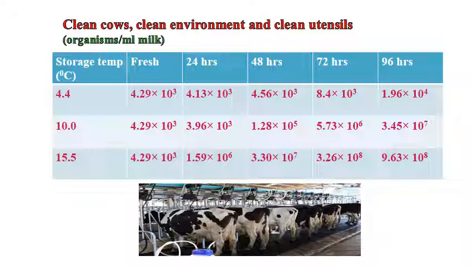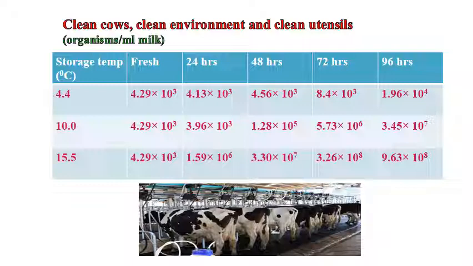In the fresh milk we can see microbial growth of 10 power 3, same for all. In 24 hours the microbial growth is almost the same at 4.4 and 10 degrees Celsius, whereas at 15.5 it is 1.59 into 10 power 6, that is 1000 times more.